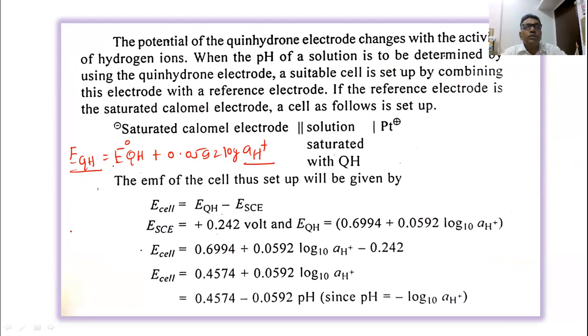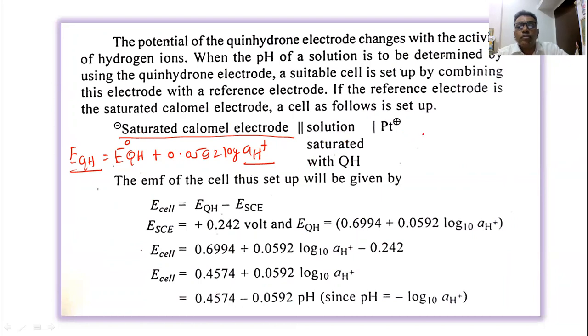Now for the determination of the pH using the quinhydron electrode, we have to construct a suitable cell. In that cell, one electrode is a quinhydron electrode and the other electrode is a calomel electrode. You can see here the saturated calomel electrode on the left hand side, and the quinhydron electrode on the right hand side, in a solution saturated with quinhydron. This is the quinhydron electrode.